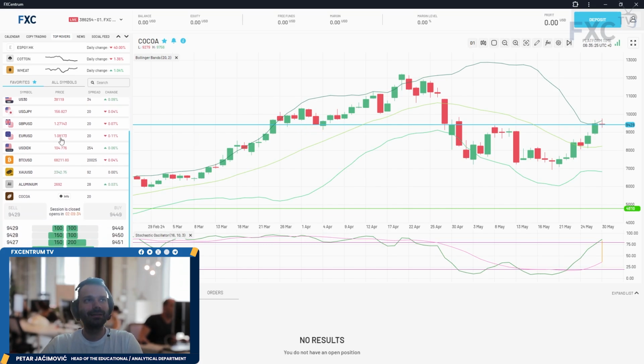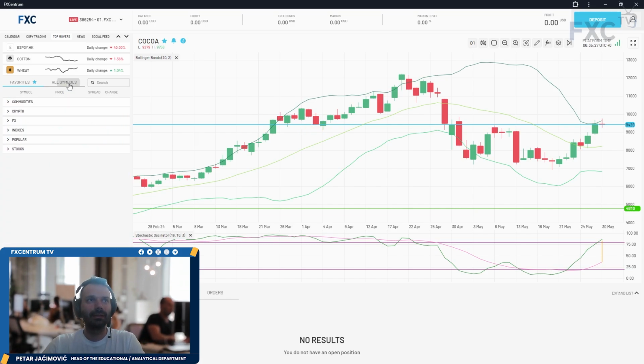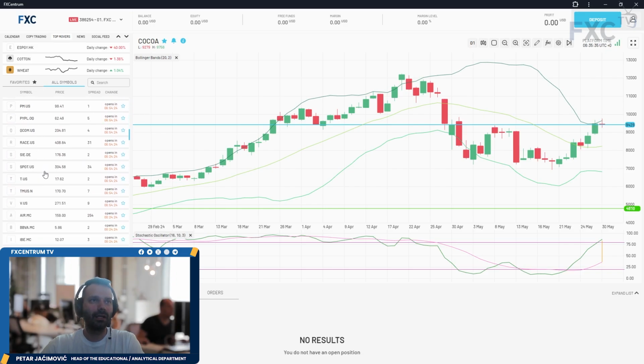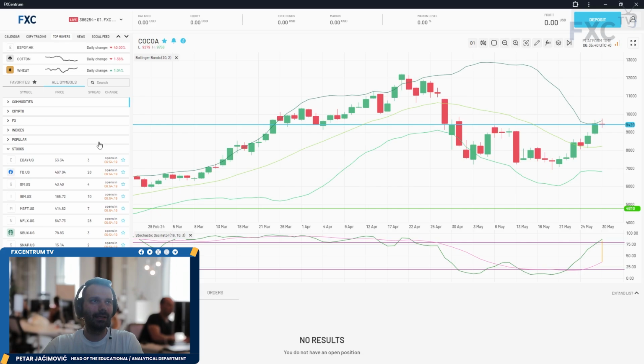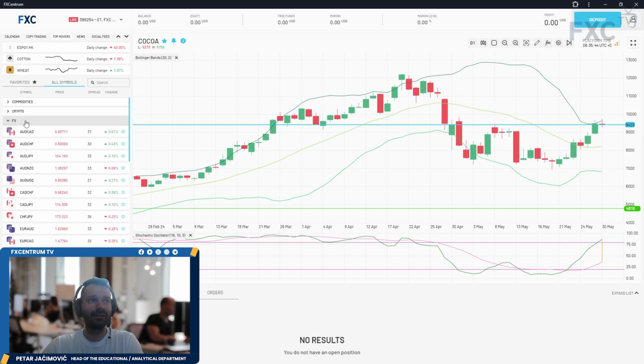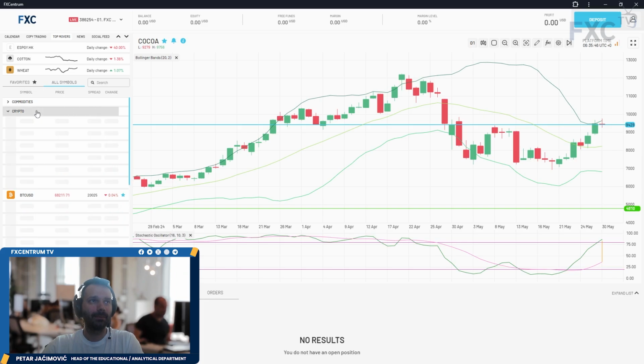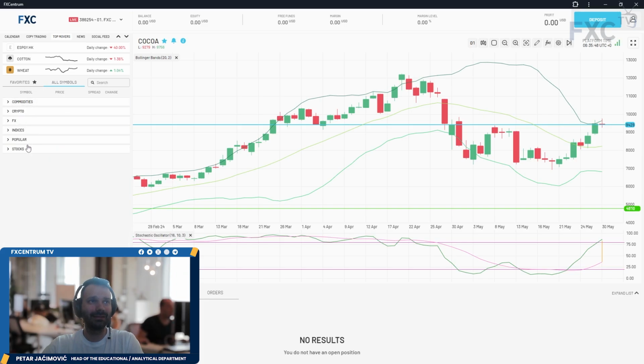An important thing to say here is that if you go to all symbols, we're offering pretty much every liquid market, from stocks. You can see how many stocks you're able to trade. We are covering indices, FX, crypto, and commodities.